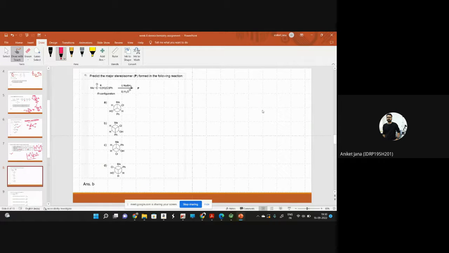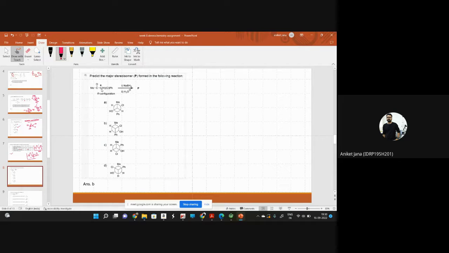So here we will discuss another model. See here, no chelating agent is there, right? Like OH, NH2 or any kind of ester is not there. But here some chlorine is there. So there will definitely be a repulsion. This has a dipole moment.